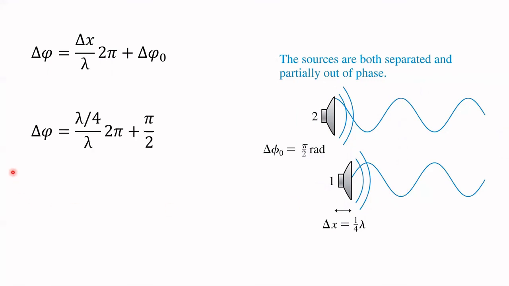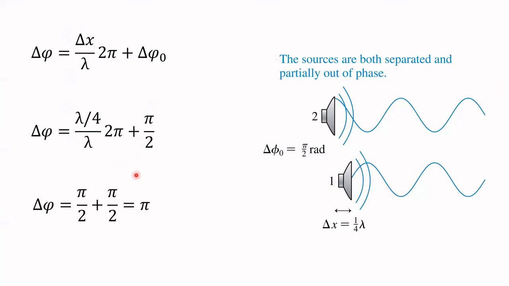Let's do that in symbols. The path length difference is a quarter of a wavelength. So first you compare that to one wavelength. Well, that's kind of obvious. That's 1/4 of the wavelength. Well, a wavelength corresponds to 2 pi radians. So we're taking 1/4 of 2 pi, which is pi over 2.